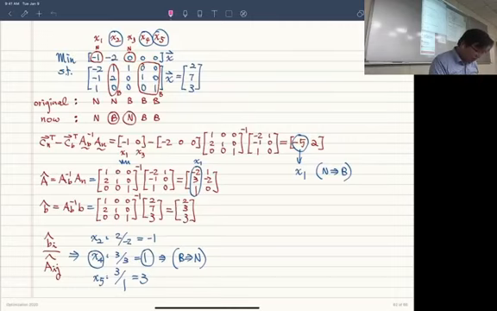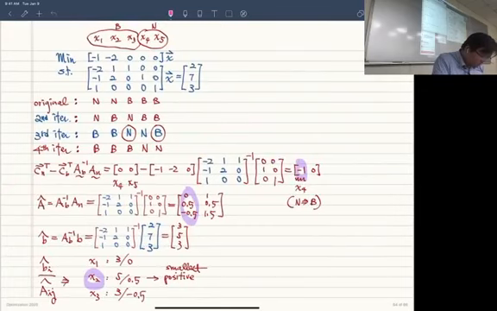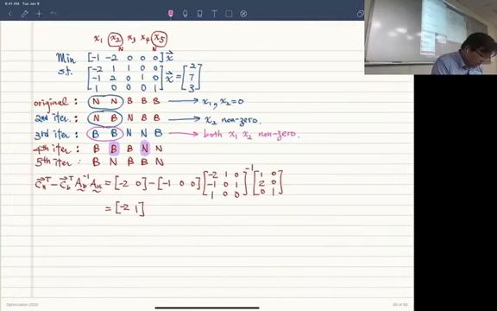I said x1 and x4 swap. 1 and 4 swap. Here we still have, so if in this iteration we have both positive, then we are happy.